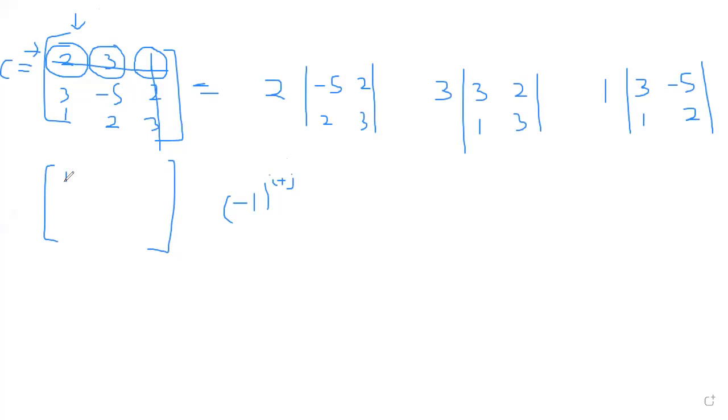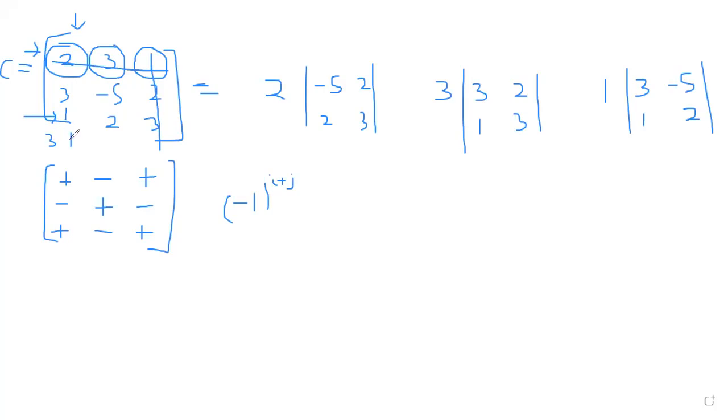Okay, so we usually have this sign table: positive, negative, positive. In the next row, it's going to be negative, positive, negative. Then once again, we are going to get positive, negative, and positive. Why? When I pick this element here, this is row 3, column 1.